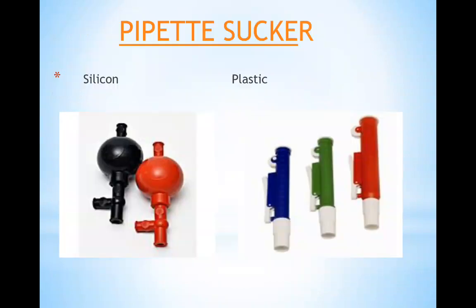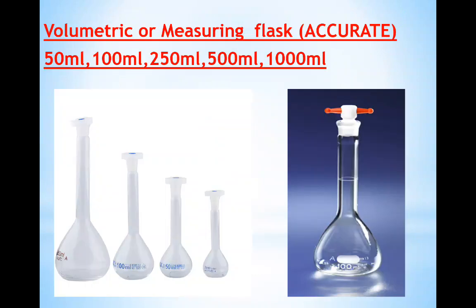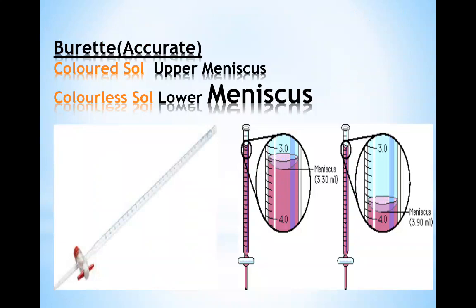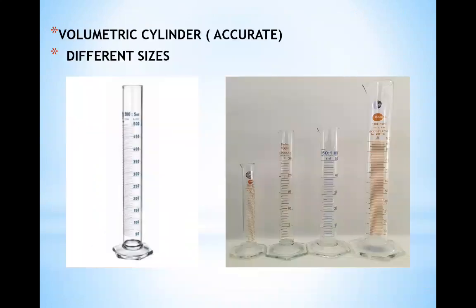Then it's the pipette sucker. Pipette suckers are of 2 types, silicon and plastic. Volumetric or measuring flask. They're also accurate and they're available in many different sizes. This is a burette, you can see. Volumetric cylinder.